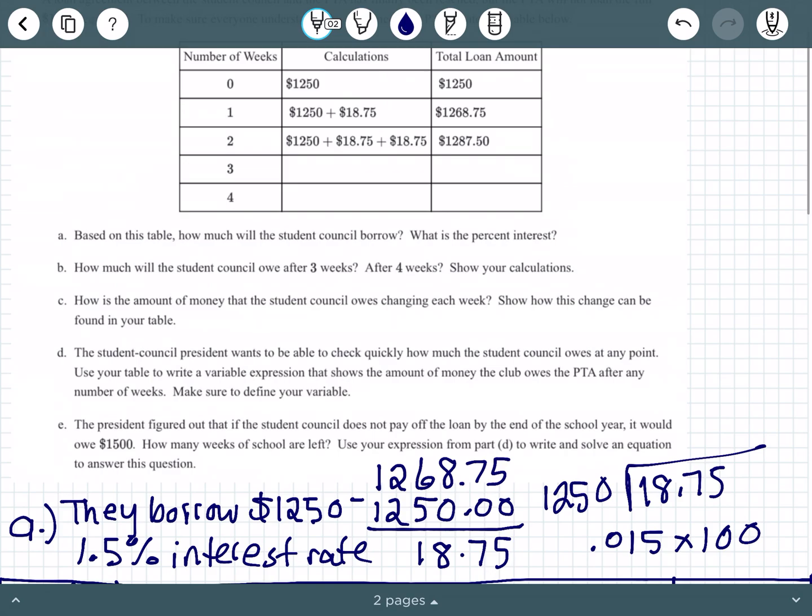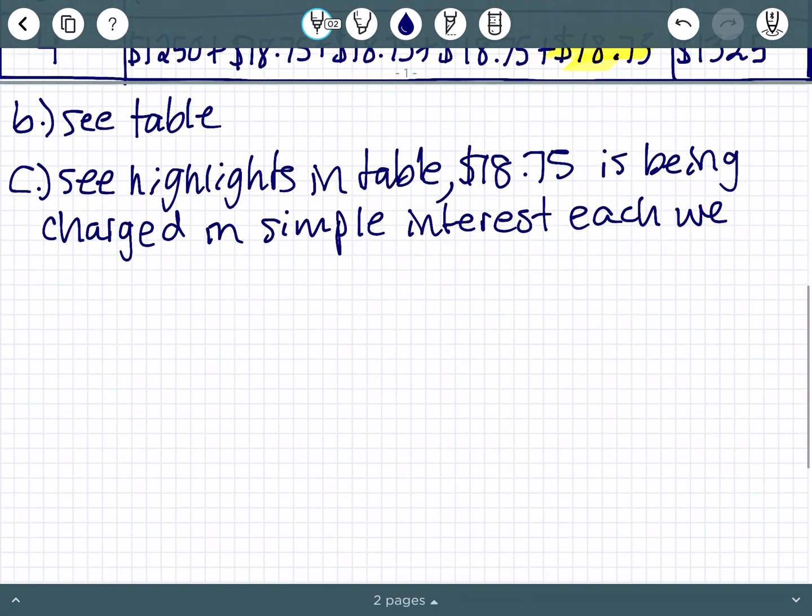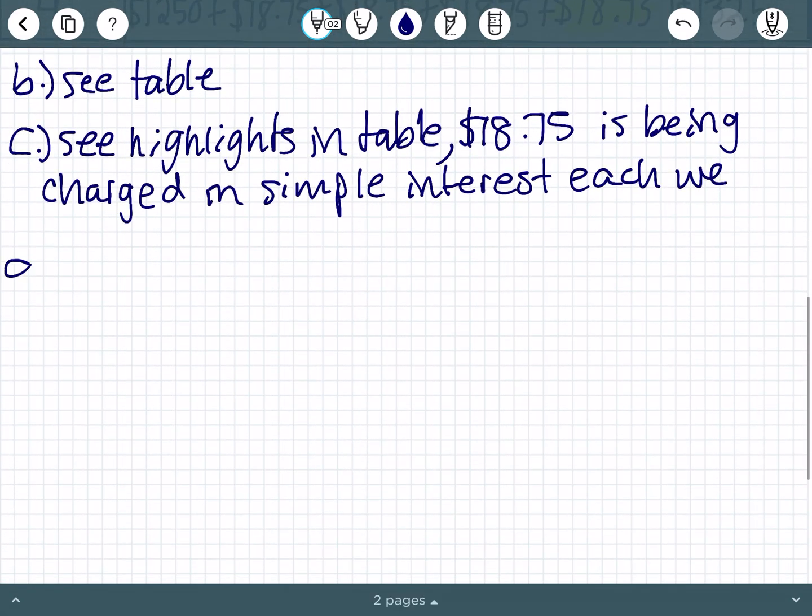So what I would do for this problem is, we want to know how much they would owe after any number of weeks. So after 0 weeks, after 1 week, after 20 weeks, after 11 weeks, 3 weeks, however many weeks. So we need to use a variable. I'm going to use x, and I'm going to let x represent the number of weeks.